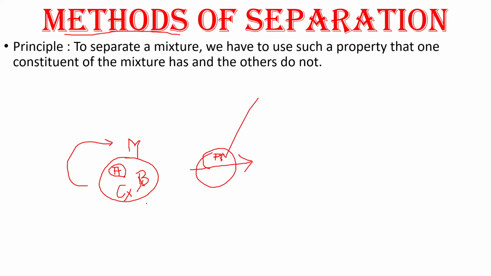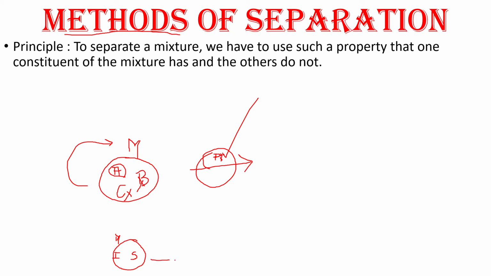If you are not getting it from this example, let us take another example cited in the textbook, which says to separate iron filings from sulfur. There is a mixture containing iron filings and sulfur.